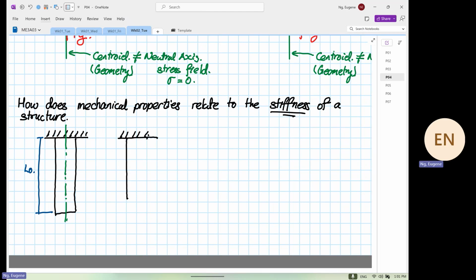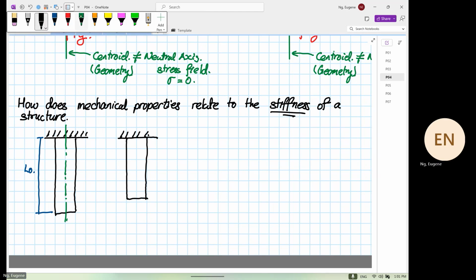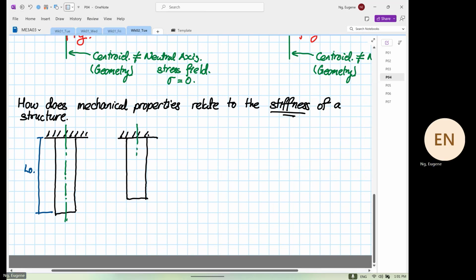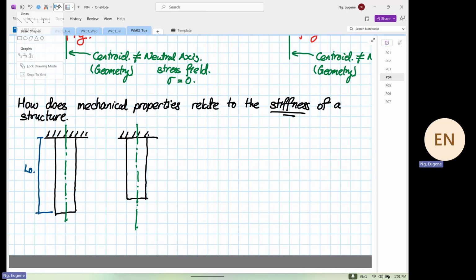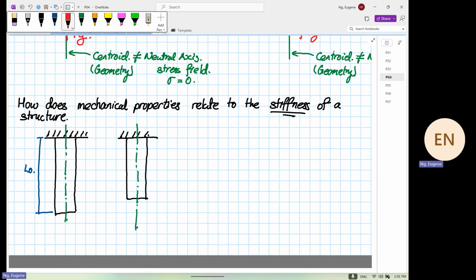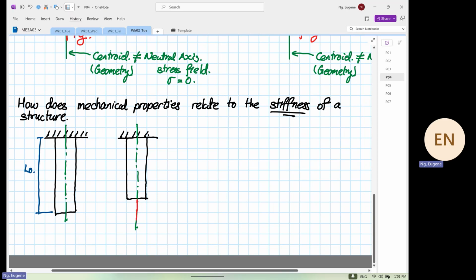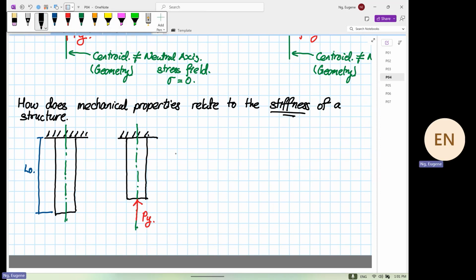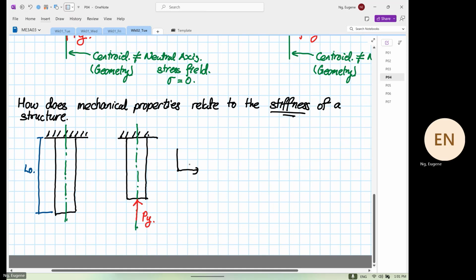This is exaggerated. This one has been shortened. Position of the centroid. This same structure has been shortened. And this is because now we have a load over here. And the load over here, I'll call it dy. Okay. So I'm going to sketch my transformation. This is my x and this is my y.